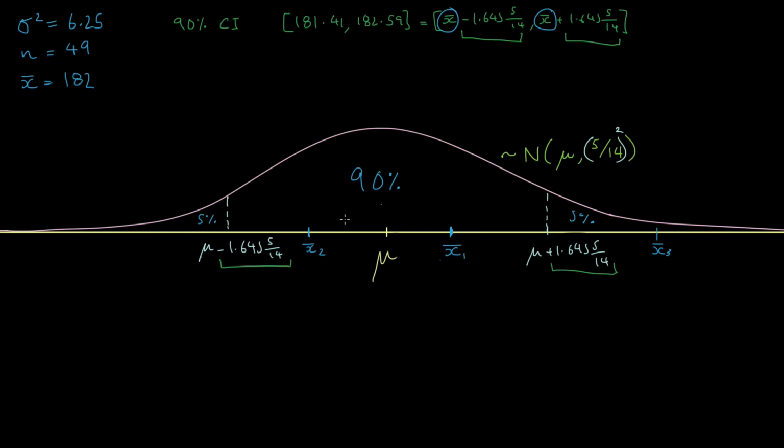And we can do the same thing with x bar 2. We can say, a 90% confidence interval is going to be this length, and it's going to go from here to here, and it is going to contain mu again. But now, let's look at what happens when we construct a 90% confidence interval, i.e. an interval of this length, around x bar 3. It's going to go from here to here. And notice it doesn't contain the population mean.